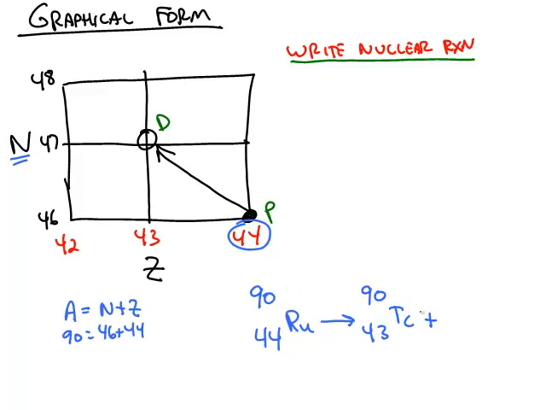If this came from emitting one other particle, we can figure out what this is by making the mass numbers conserved and making the atomic numbers conserved. So 90 is equal to 90 plus 0, 44 is equal to 43 plus a positive 1, and this is a positron emission.